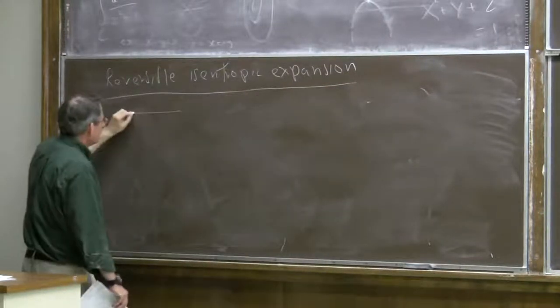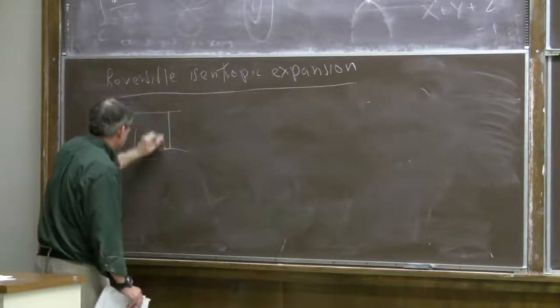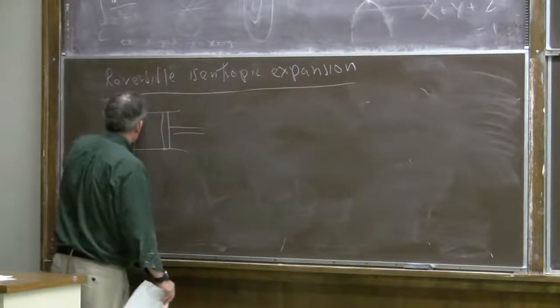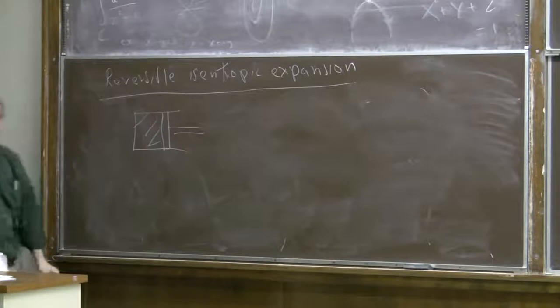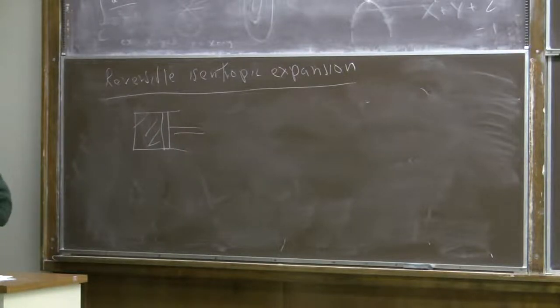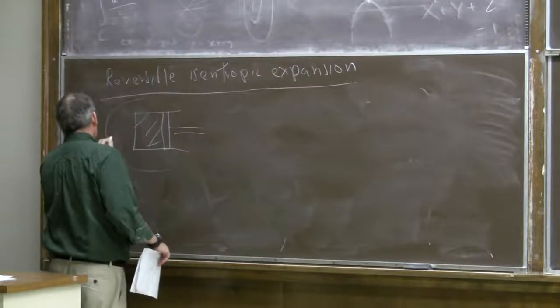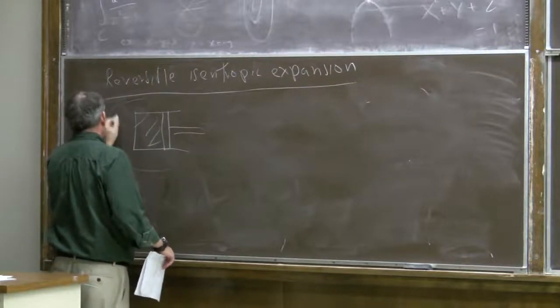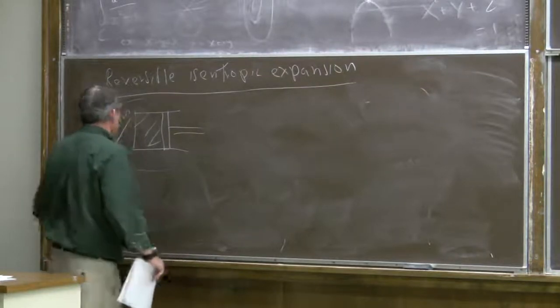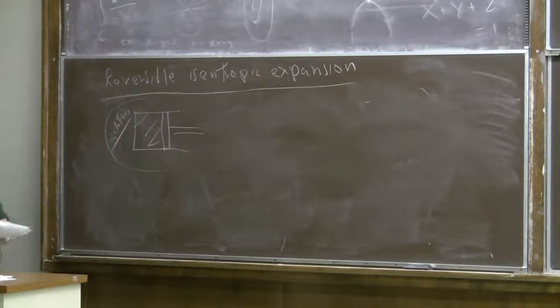Now, same picture. We've got a gas in a box, and it has a movable wall. But now I'm going to thermally isolate the system. It's not in contact with the reservoir. It's well insulated. No heat flow in or out.